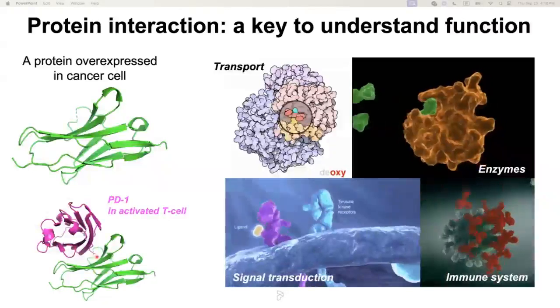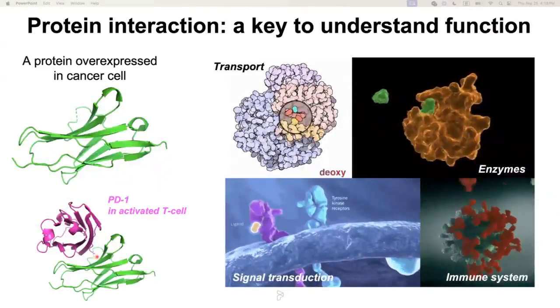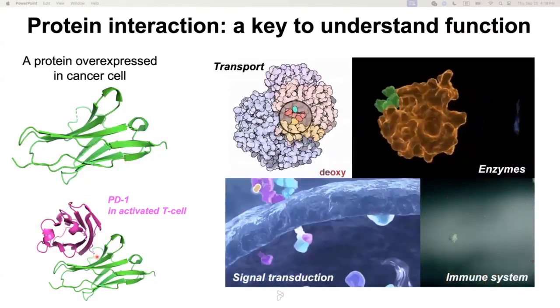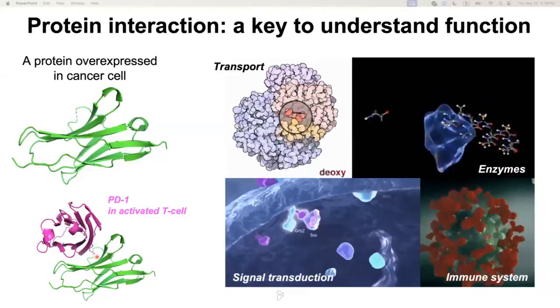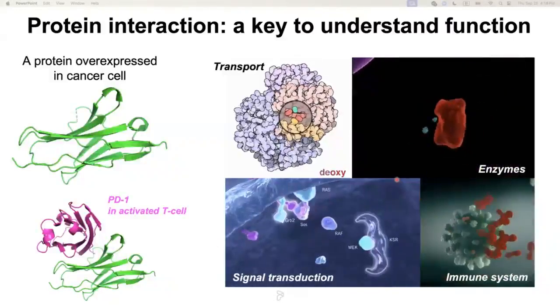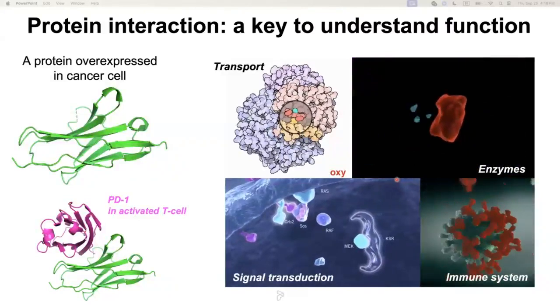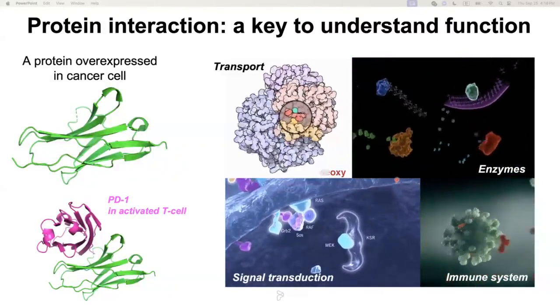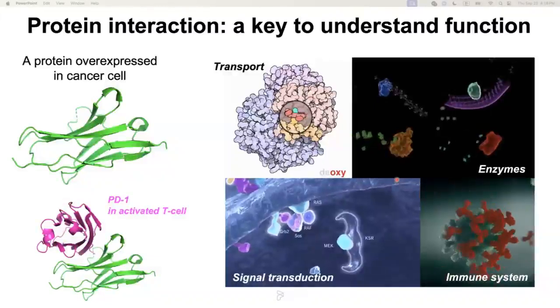So in all the examples I showed earlier, mentioning protein function and its relationship to protein structure, proteins actually do their functions by interacting with other biomolecules. So what we need to do is predict not only protein structures, but also their interactions to understand their function.